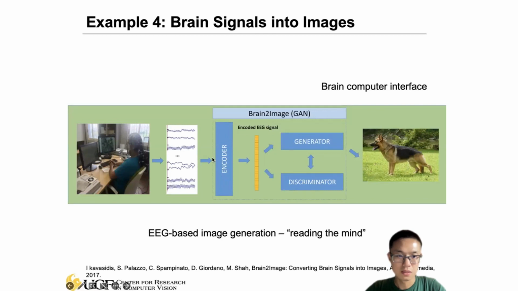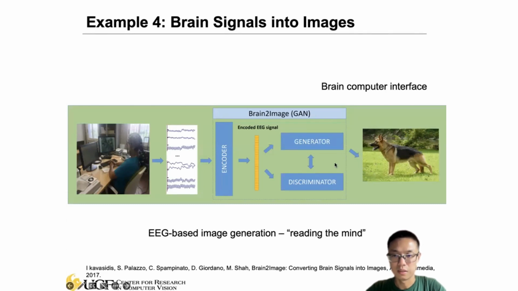Because for the training data, this person is actually looking at a specific image, and this will stimulate different regions of the brain and generate this EEG waveform, right? If you look at a different image, this EEG signal will also change, right? So actually, we can have a training data set of which EEG signal corresponds to which image, and we can train this GAN network to train a very good generator, right?